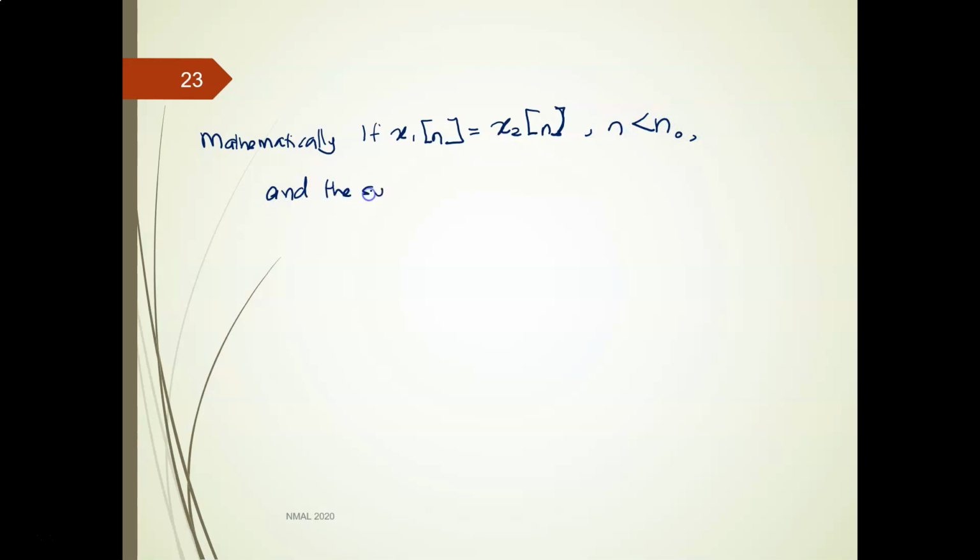If we want to put it in terms of a mathematical equation, mathematically, if x1[n] is equal to x2[n] for n less than n naught, and the system is causal, then y1[n] should also be equal to y2[n] for n less than or equal to n naught.